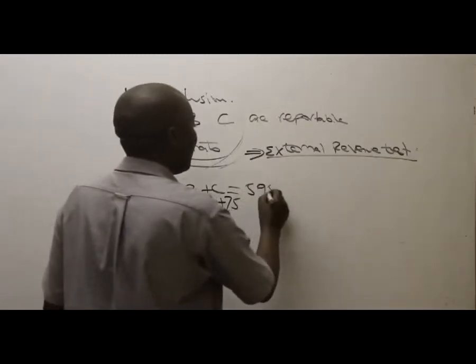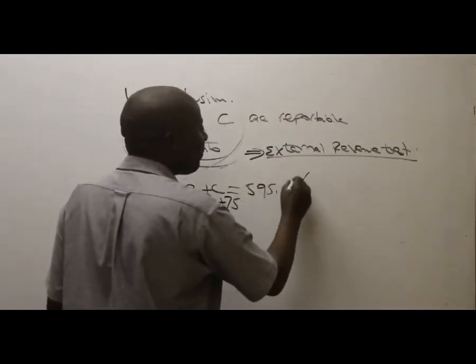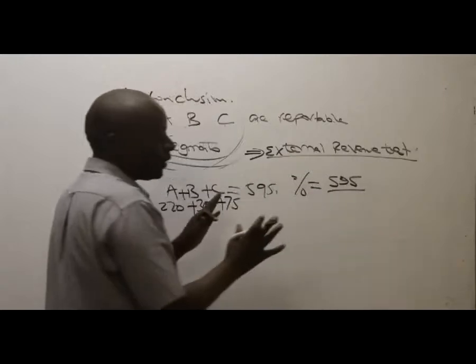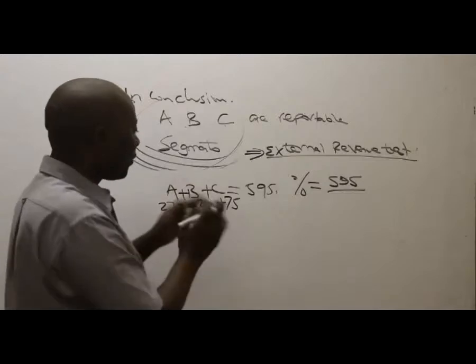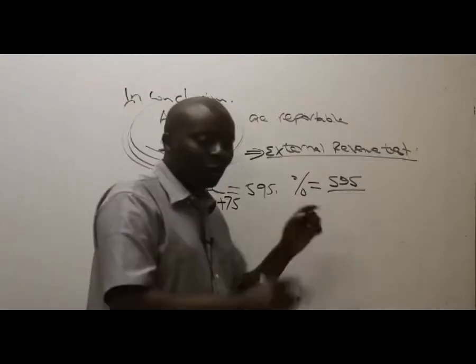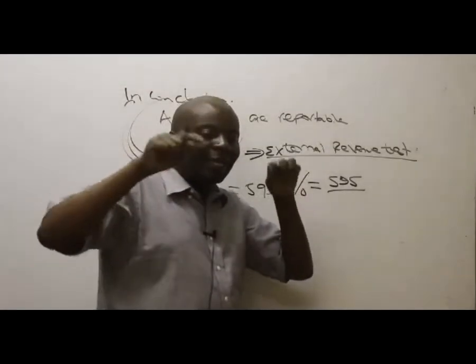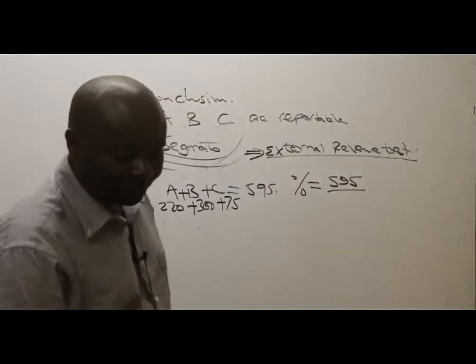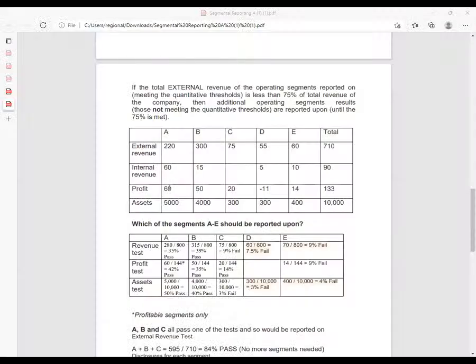So the total reportable sales revenue of the three will be 595 out of the total company's external sales, which is 710.